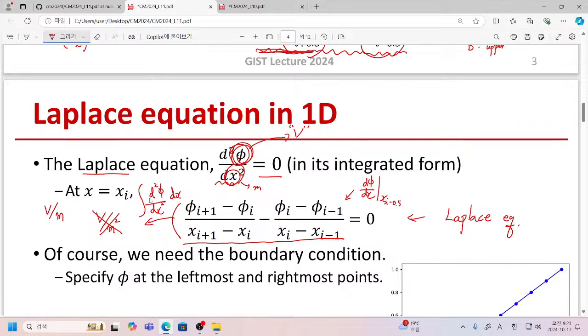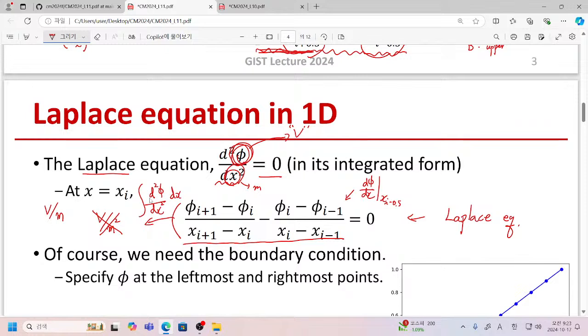So simply speaking, the general trick which can be used in this 1D case is just to integrate your equation of interest within a short range around the discretized point, the mesh point x sub i.